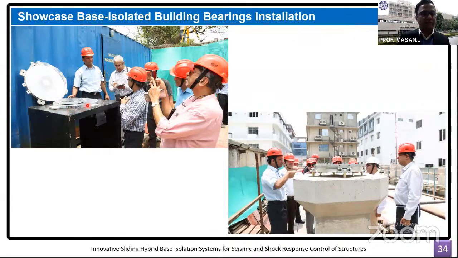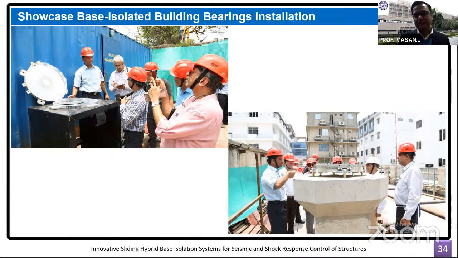You can get a feel of the scale, that how thin it is, and also you can see the protection against any debris or any dust that can enter in. You can see mainly three parts of this isolation system. This is the top concave or curved surface. This is the bottom concave surface, and this is that articulated slider.